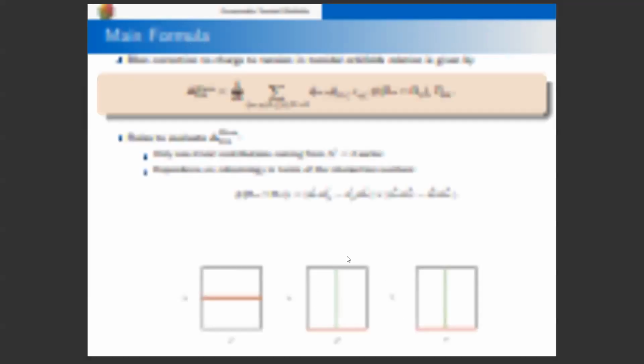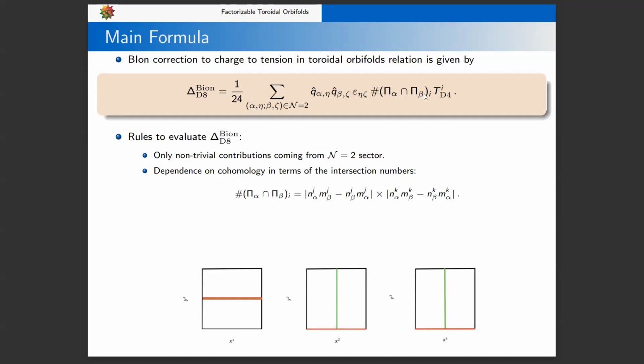Then the dependence on the cohomology classes of the involved cycles comes in terms of the intersection numbers, along the two tori in which the cycles are not parallel. So this number is counting the points of minimal distance between the pair of branes we are looking at. They can either intersect over one cycle, as we can see in this picture, or they can run parallel if there is a certain distance between the cycles in the torus where they share the wrapping numbers.